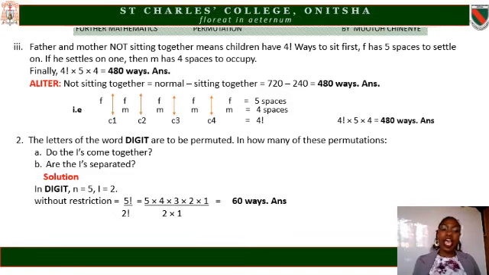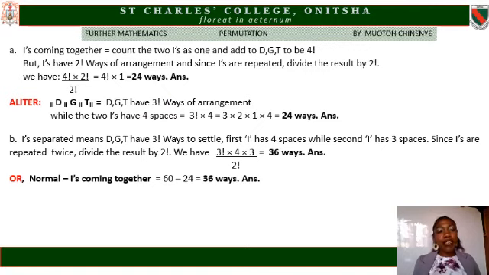Now, going to the answer to the question proper, when the i's are coming together, what you simply do is to count the 2 i's as 1. Add them to the remaining letters of digit, which are D, G, and T, to make 4 factorial. But remember, your i's have 2 factorial ways of arrangement because they are 2 letters.